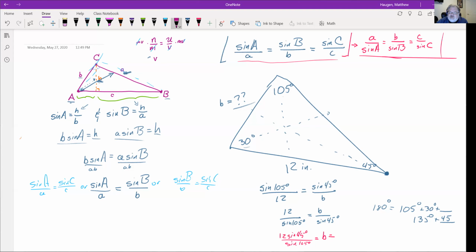So we'll get Vn equals Um, and then divide both sides by Un. Then the n's cancel and the u's cancel. So Vu is equal to Mn. So if these are true, then the reciprocal is true.